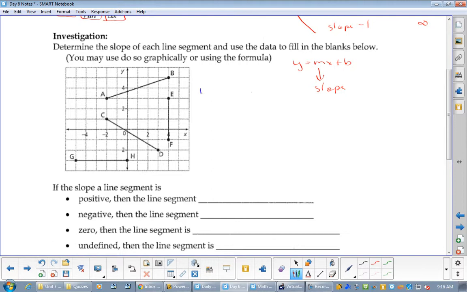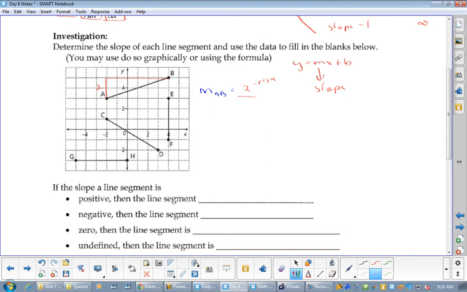So when I find the m of AB, you want to do a triangle from A to B. From A, I would come up here, and I would go like that. Do you see how I've done a triangle from A to B? Now, what is the rise? Two is the rise. What is the run? 1, 2, 3, 4, 5.